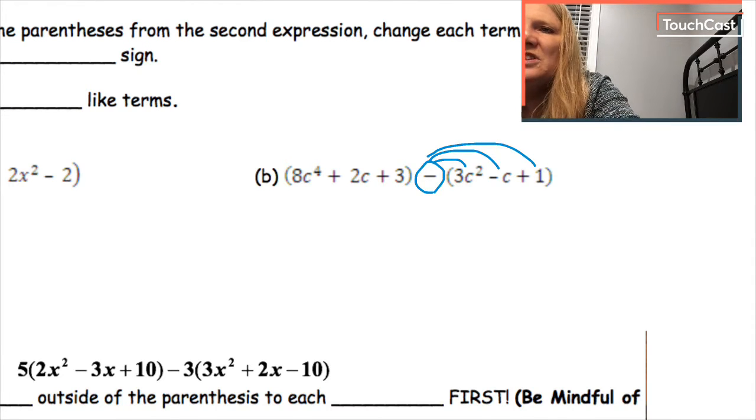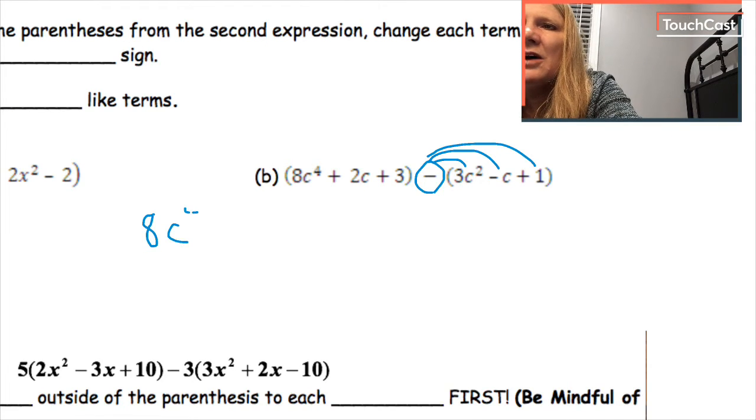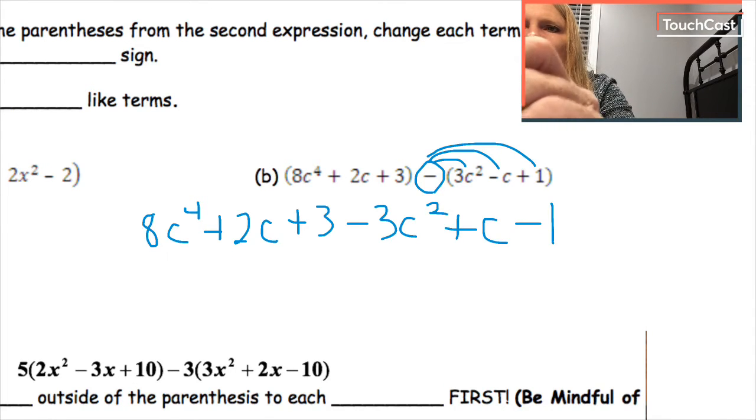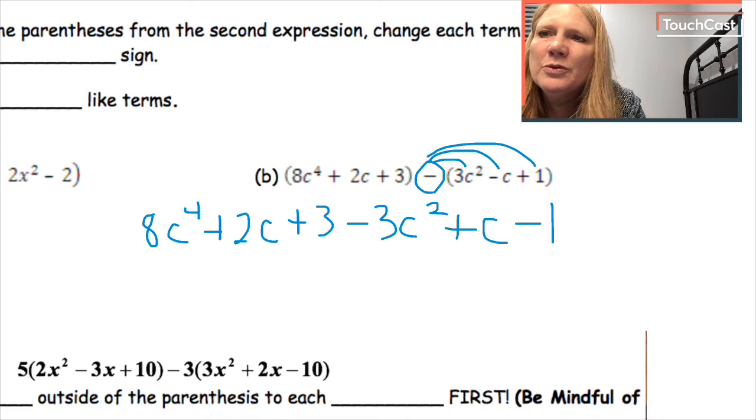So the first parenthesis we can just rewrite: 8c to the power of 4 plus 2c plus 3. And now we're going to change each sign in the second parenthesis. Minus 3c squared. Negative times a negative is a positive c. And then negative times a positive, we just change every sign in that second parenthesis.